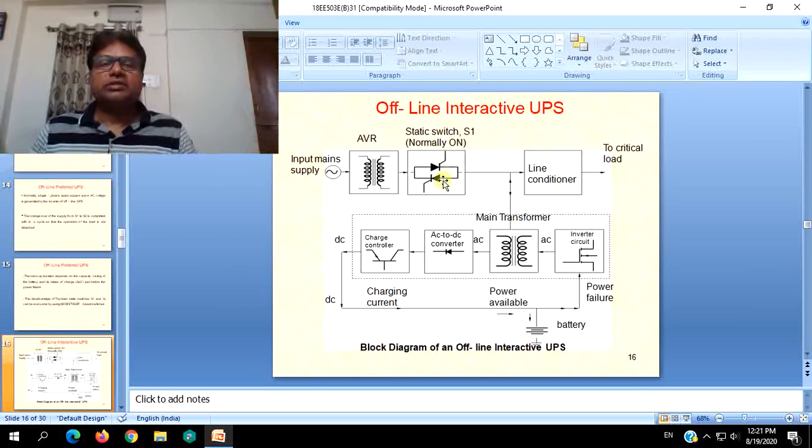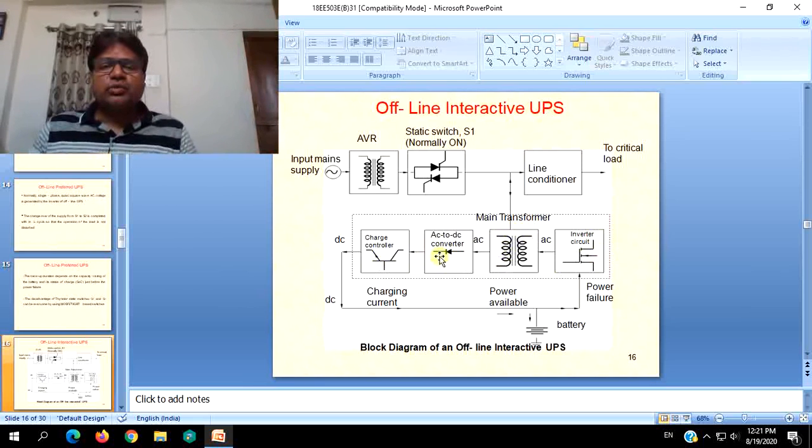In the first case, the static switch was on and it is directly fed to the load. In this case also, it is directly fed to the load as it is, without any change. But to the inverter unit, in the previous case the supply was straight away given to the main transformer. Instead of that, in this case, the supply to the main transformer is given via this automatic voltage regulator transformer and this static switch only.